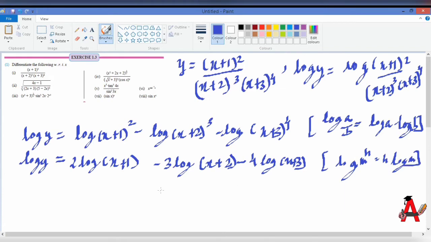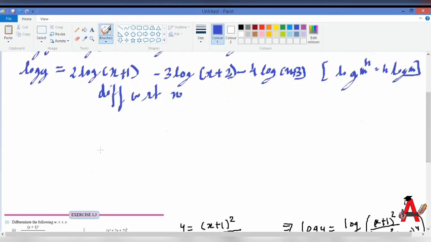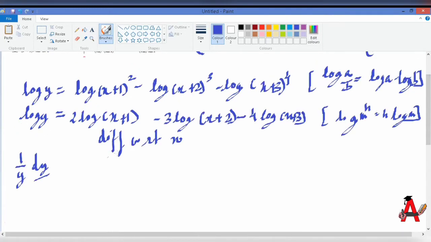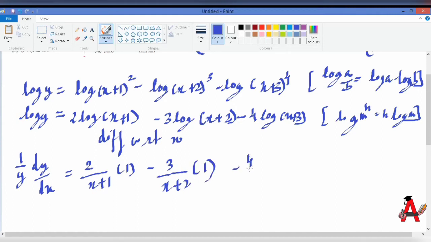Now, we can differentiate with respect to x. When you differentiate, you will get derivative of log y is 1 upon y dy by dx is equal to derivative of 2 log (x plus 1), which is 2 upon x plus 1, and by chain rule the derivative of x plus 1 is 1, minus 3 upon x plus 2 times 1, minus 4 upon x plus 3 times 1.